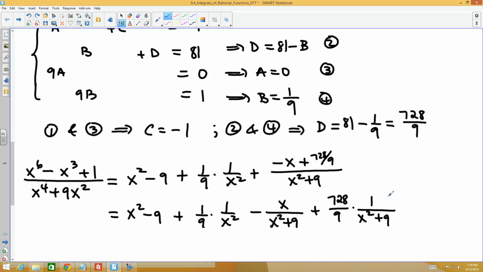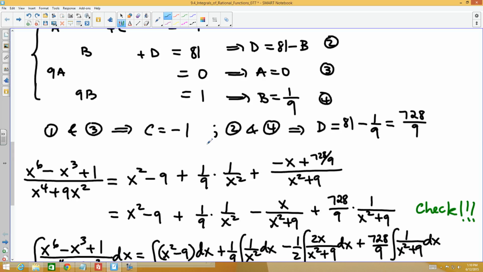And I know the integral of 1 over x^2 + 9, so that's why I split it. I ask you to check that this is correct. Actually, I did check it, which is good.